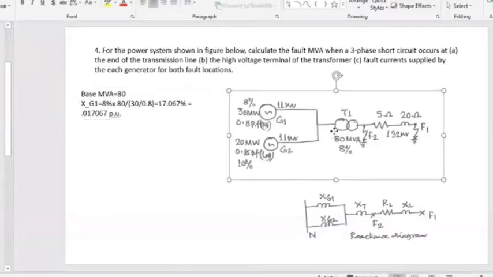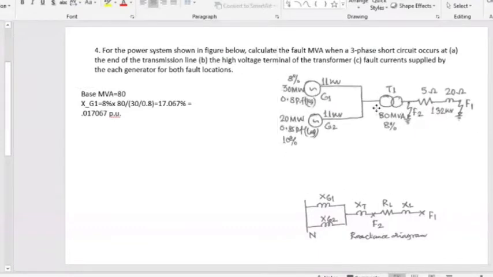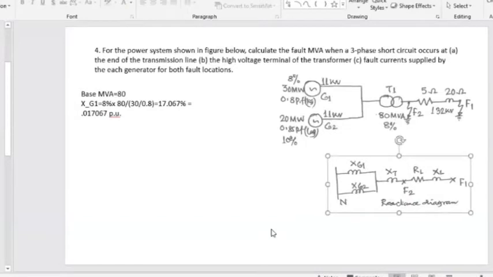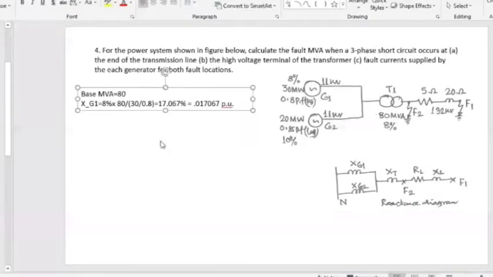That's the reactance of the first generator.